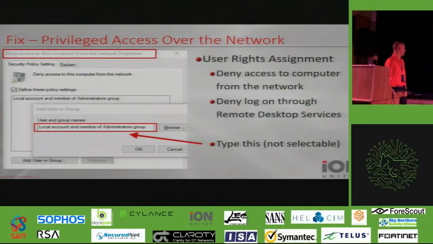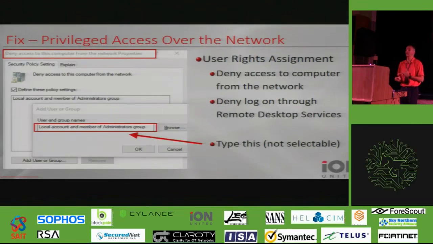Turns out you actually need to type the string "local account and member of administrators group" in there, and then you can prevent people who have local accounts that are members of the administrators group from using that right. Or you can enforce that right for that account, which is, in this case, deny login over the network. So you can't connect with SMB, you can't connect with WMI with a local account.